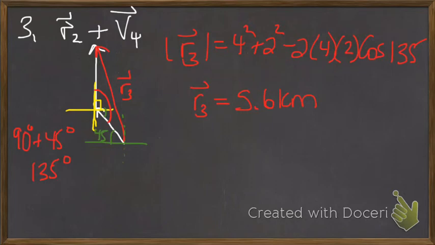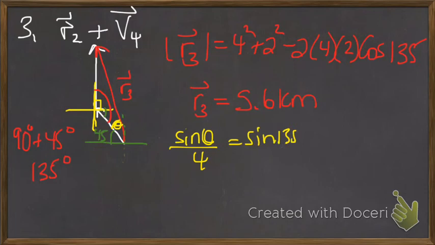Now what I want to do, and I'll use yellow again, is to find this angle in here. I'm going to label that theta. We can easily do that again by sine law. So sine theta over 4 equals sine of 135 over 5.6. Theta ends up being 30 degrees.